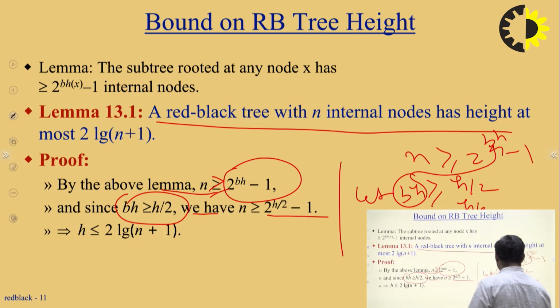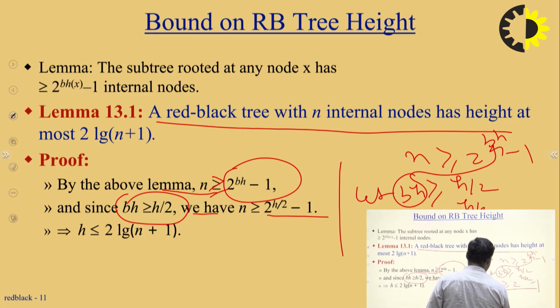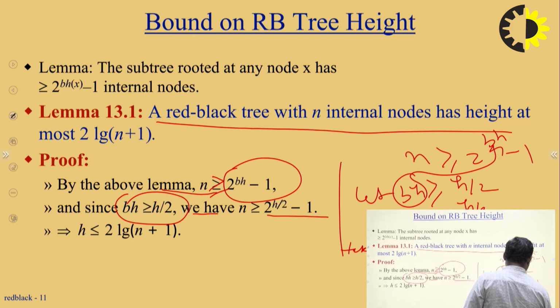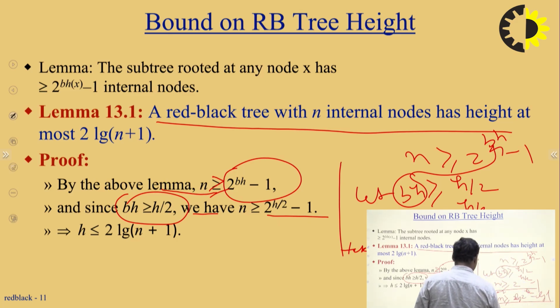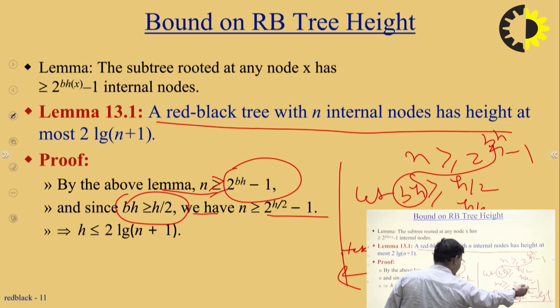Okay. Then what is the height? If we take log on both sides, what will be the value? So log n is greater than or equal to log of 2 to the power h by 2 minus log 1.